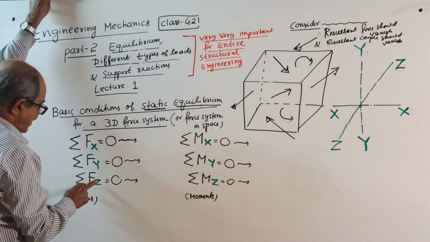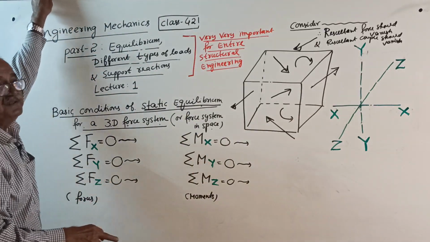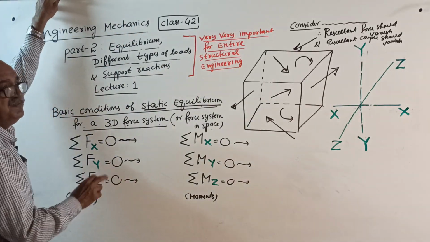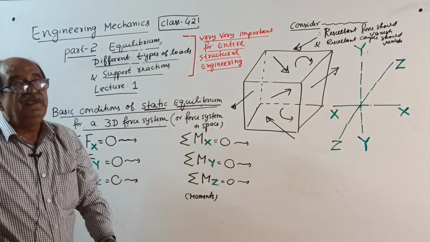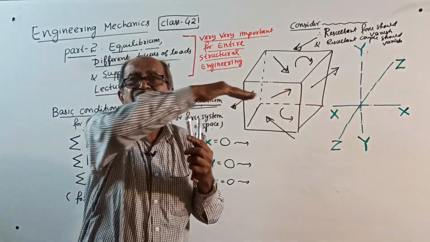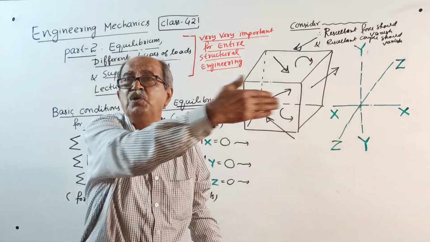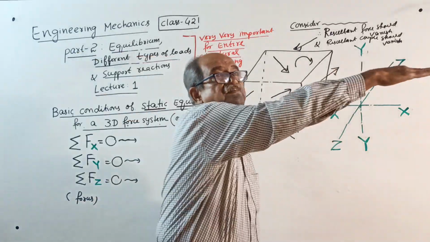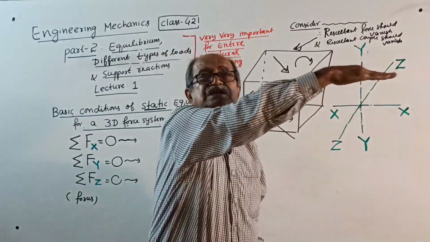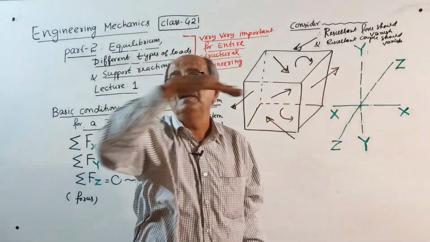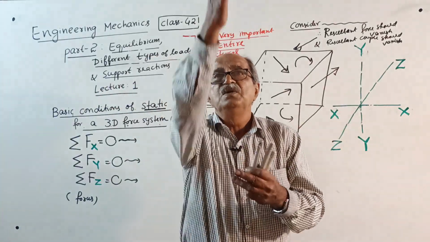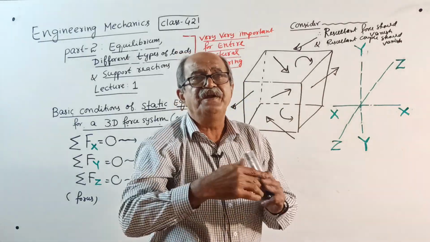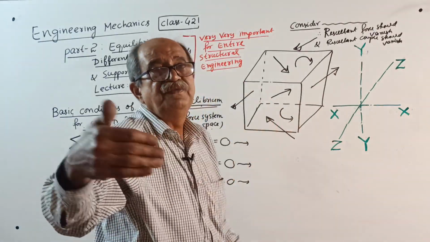Sigma Fz = 0, the algebraic sum of components of the forces along the zz axis should be 0. I will tell once again, x means what? It can be that side or this side. Plus minus will come, but for x, I am writing both sides. So, see, sigma Fx = 0, no algebraic sum of the forces in this direction. Sigma Fy = 0, zero in this direction or along this axis. Sigma Fz = 0, this way, zero.